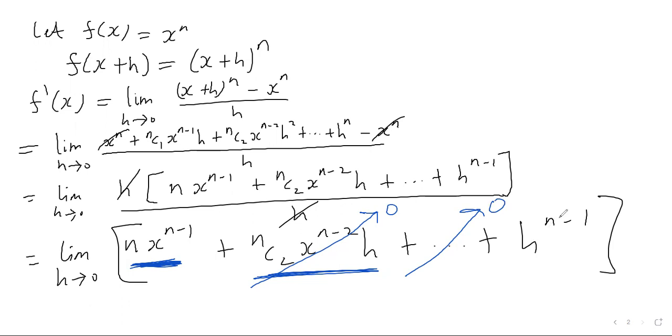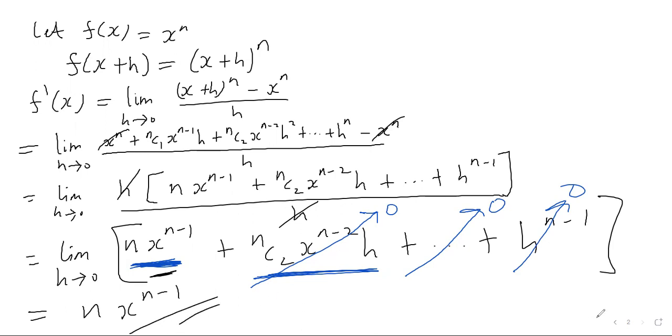And obviously h to the power of n minus 1, as h goes to 0, this is going to go to 0 too. So that becomes 0, and we're just left with this first term, n multiplied by x to the power of n minus 1. And that's the final answer.